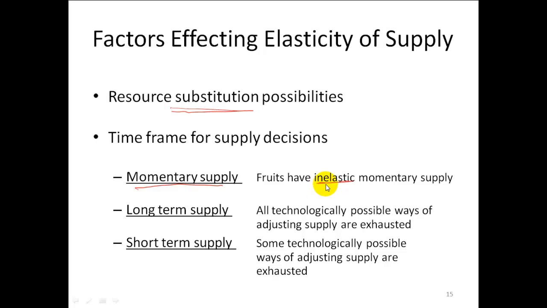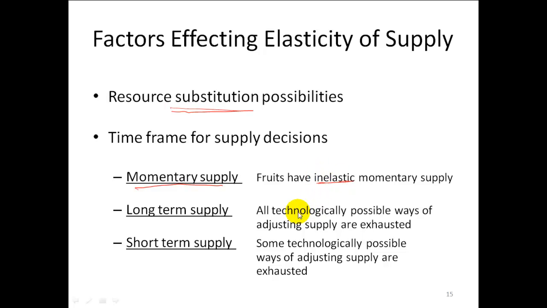So people will be willing to pay much more for oranges. Can the supply of oranges suddenly increase? The answer is, in the very short run, the supply of oranges will stay roughly the same. So if the supply of oranges is not changing, that means that in the very short run, the momentary supply is rather inelastic.